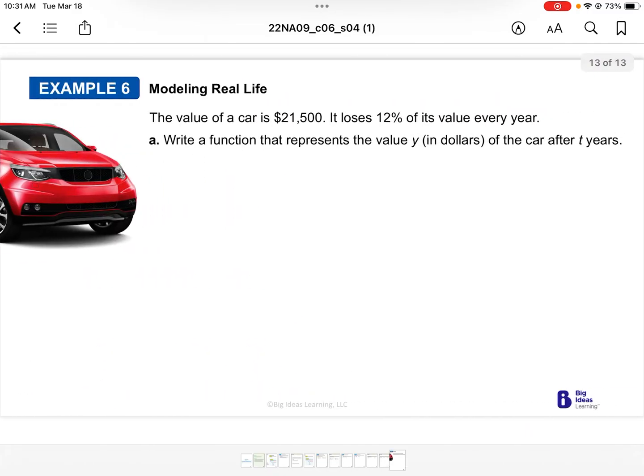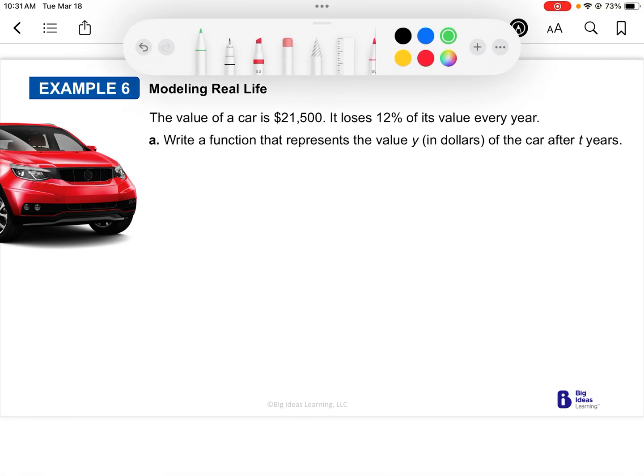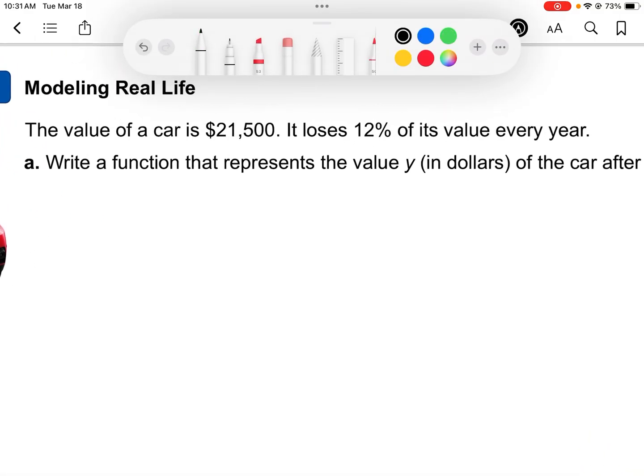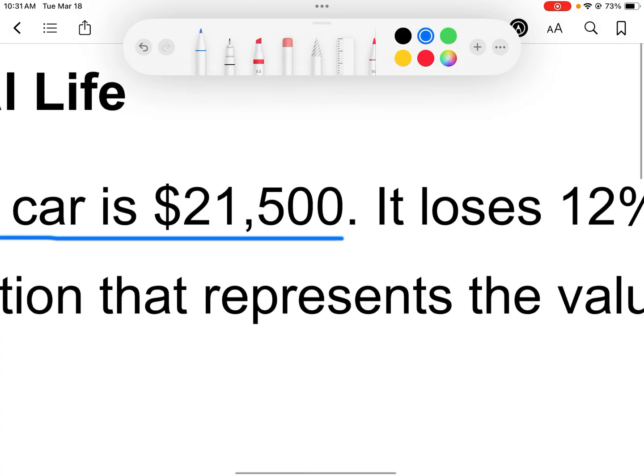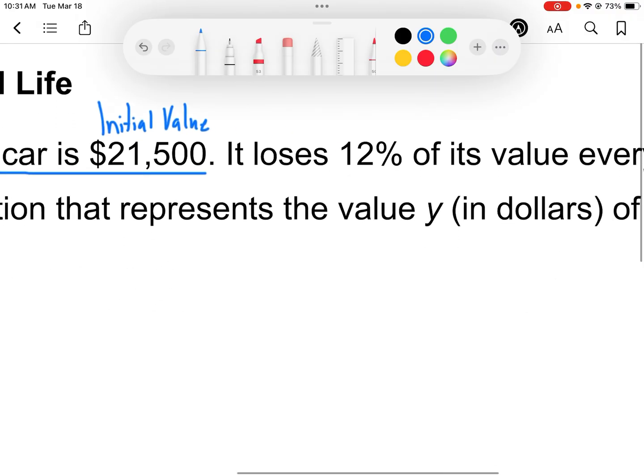And one of the last things we haven't looked at is writing a model of decreasing. So the value of a car is $21,500. That's our initial value. It loses. Loses tells me this is decay.